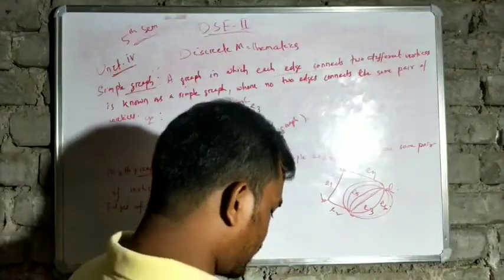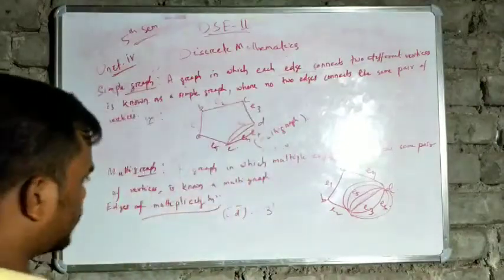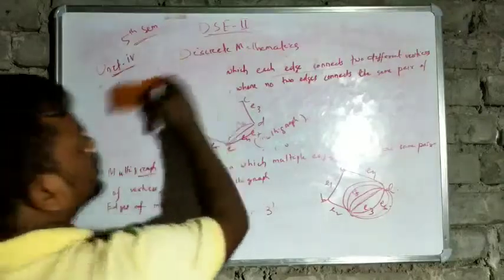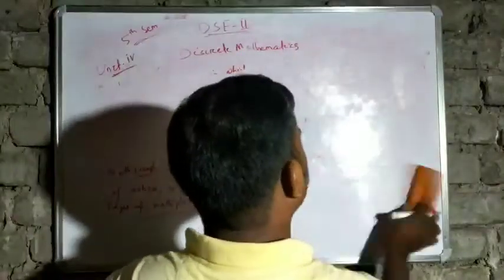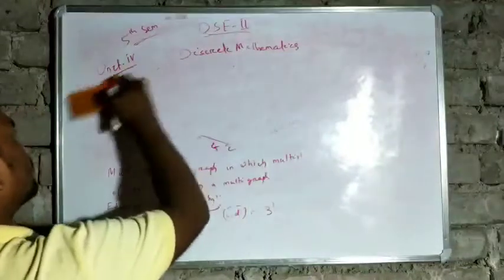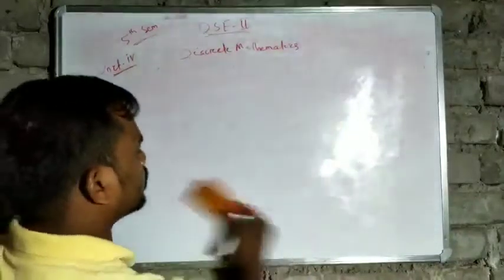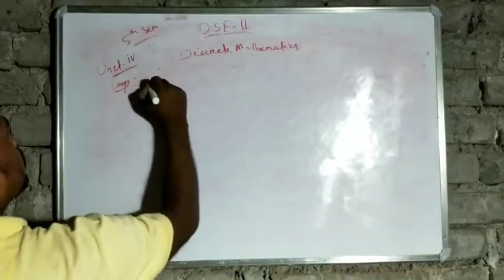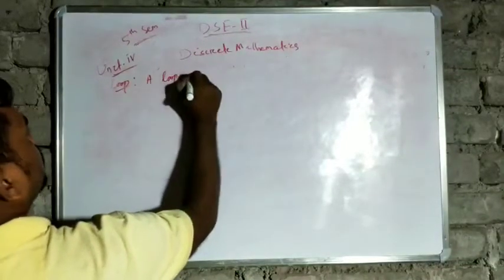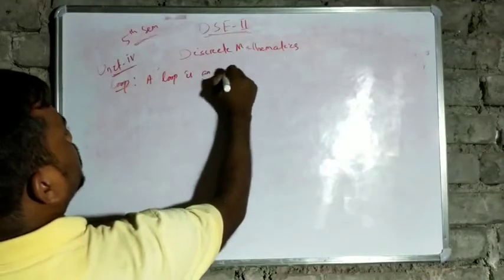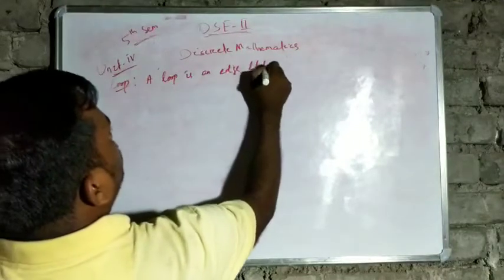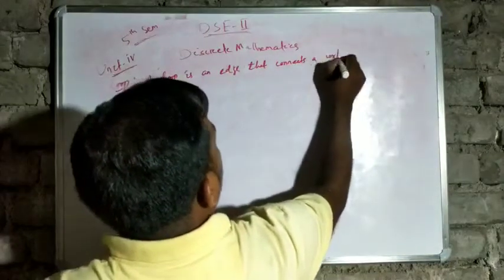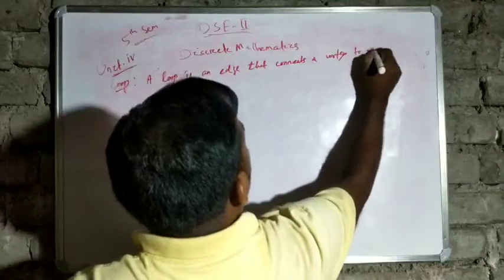Now what is a loop? A loop is an edge that connects a vertex to itself.